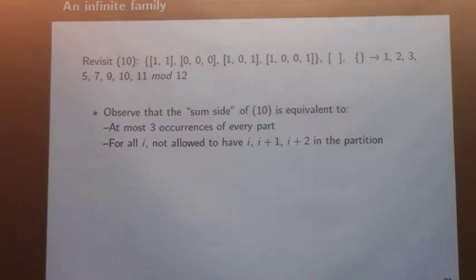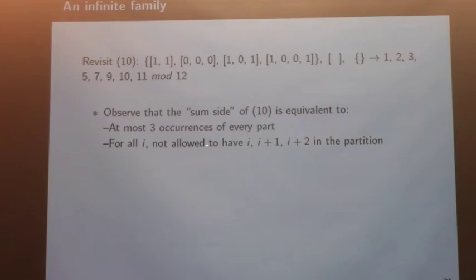Probably the most exciting identity that we found so far is 10. This is avoiding 1, 1, 0, 0, 0, 1, 0, 1, 1, 0, 0, 1 globally and nothing else. Observe that the sum side of 10 is equivalent to allowing at most 3 occurrences of every part, because we have 0, 0, 0 here.